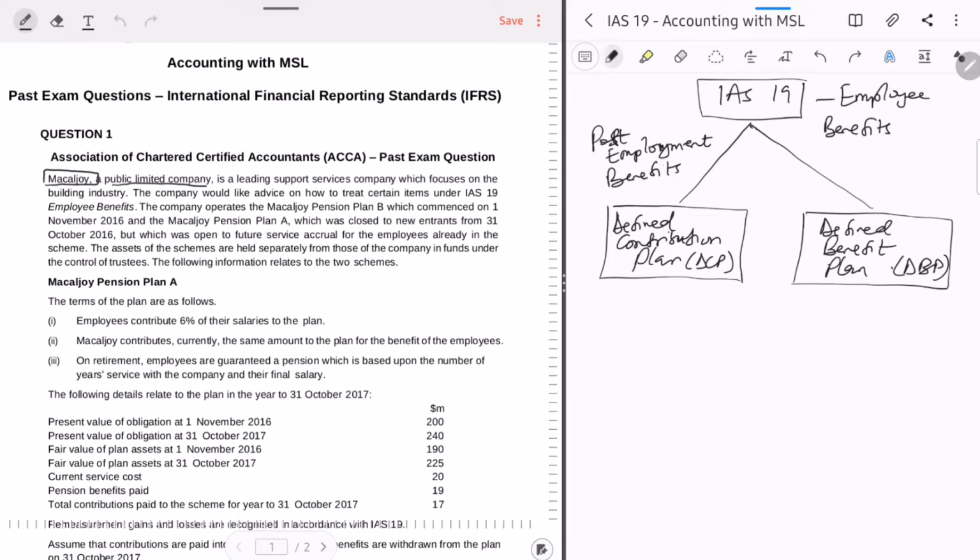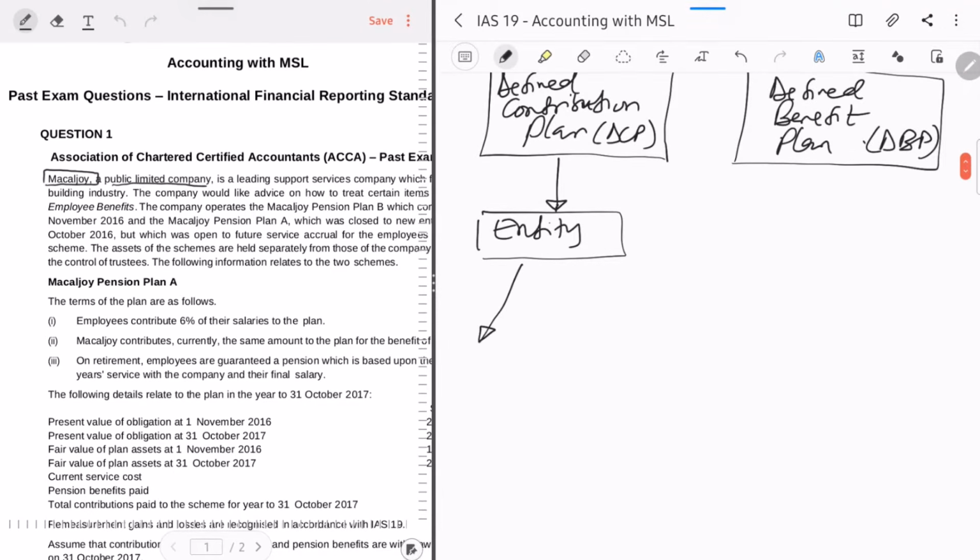So under the defined contribution plan, the entity pays a fixed contribution into a fund. So you can see the contribution is fixed or it's defined, right?